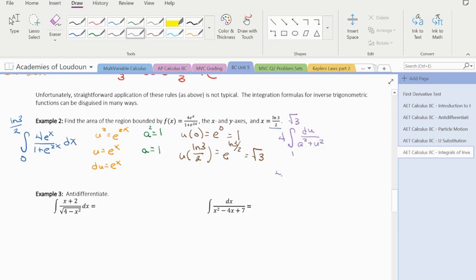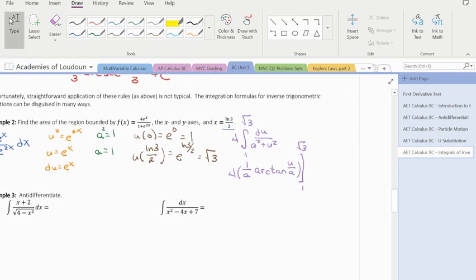So that gives us 4 times 1 over a of arctangent of u over a evaluated from 1 to the square root of 3.